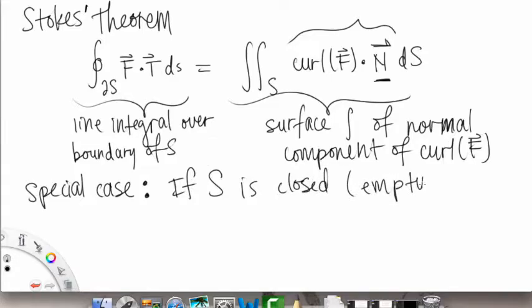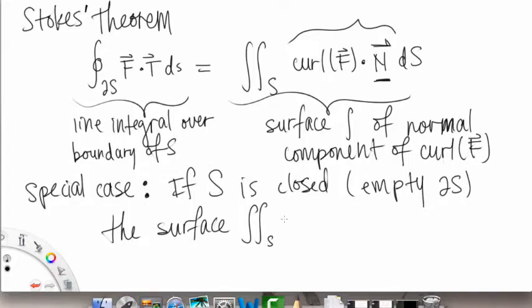Remember the potato-looking thing? So with an empty boundary of S, the surface integral of the curl of f dot n dS is going to equal 0, because there's nothing going through, really.